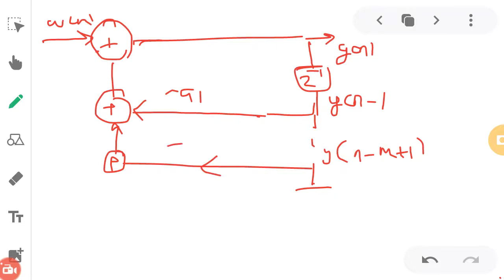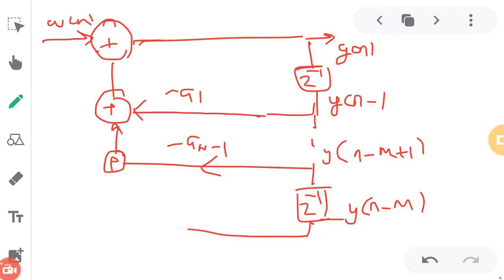This will be minus a n minus 1, and then we have to get y of n minus m. How will we get that one? Here we will get minus a n into y of n minus m plus. Like that we can realize the second function also.